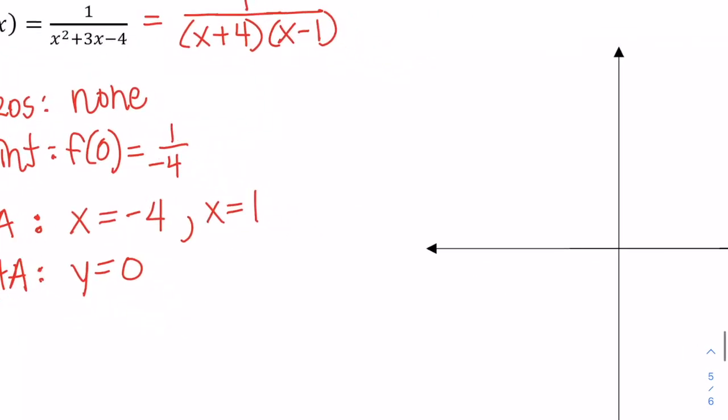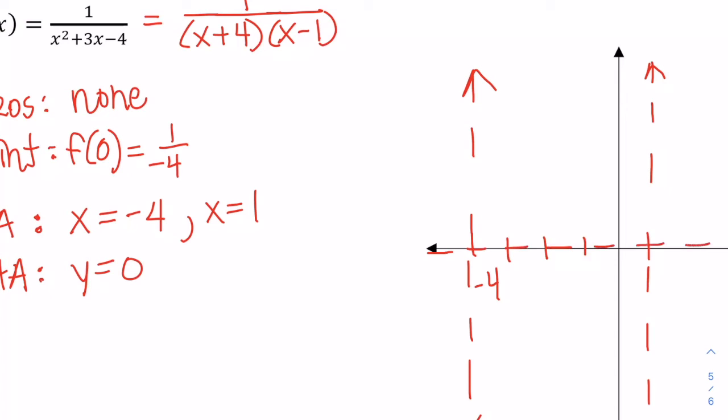Okay, let's sketch what we know. So we know we're going to have a vertical asymptote at negative 4. We're also going to have another vertical asymptote at x equals 1. And you can kind of see it in the red, but we know that we'll have a y-intercept at 0.